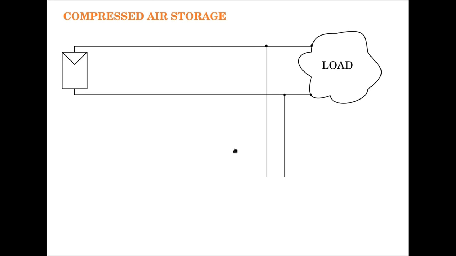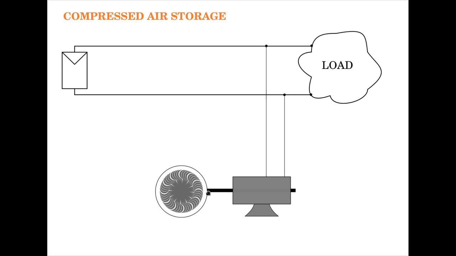Another energy buffering mechanism is the compressed air storage mechanism. Here the excess energy from the PV panel is stored in compressed air by virtue of the increased pressure. Here again we shall use a motor which converts the electrical energy into mechanical energy at the shaft, and the shaft of the motor is connected to an air compressor.